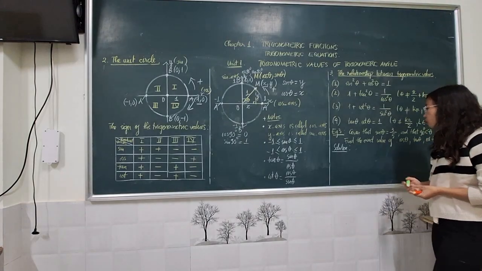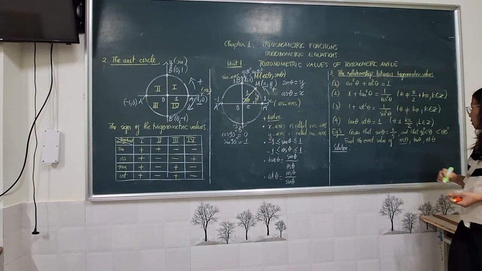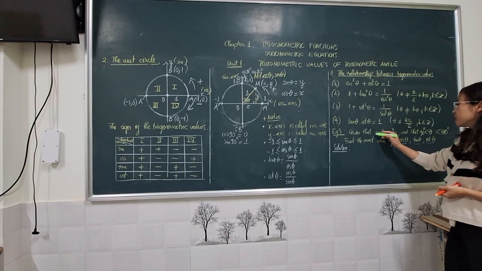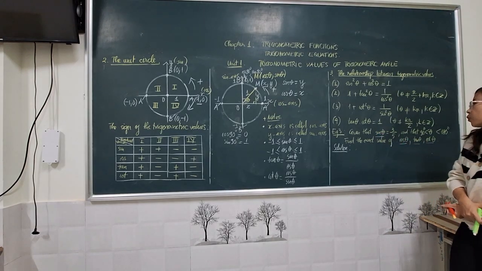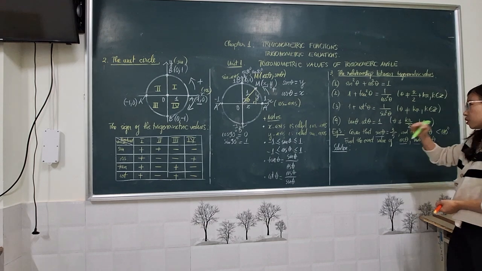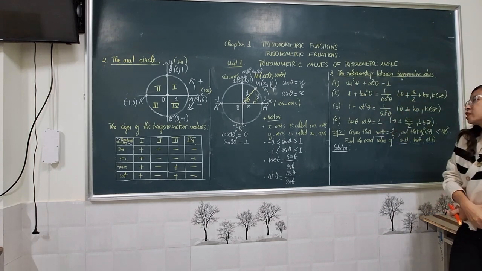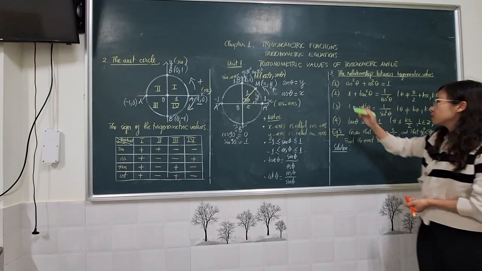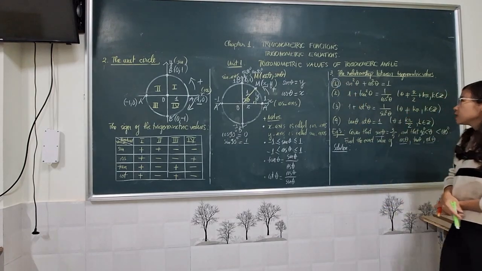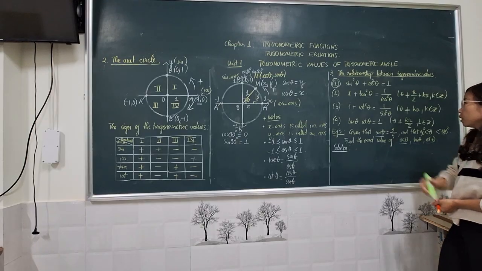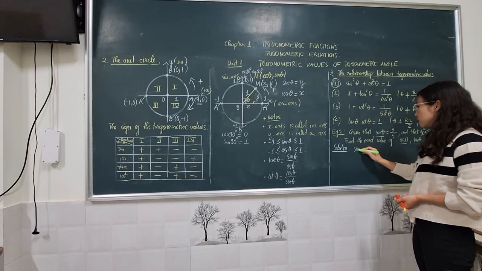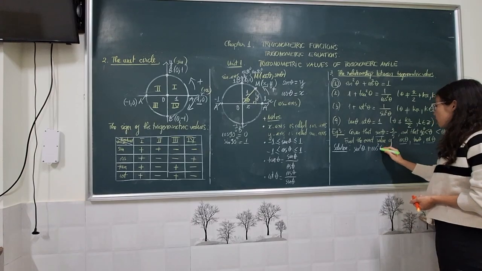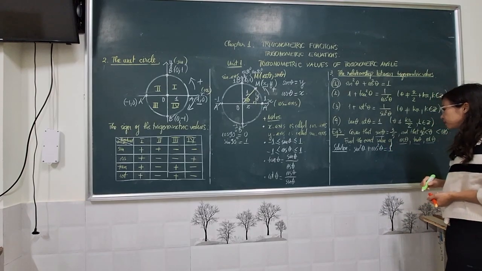Now, to find cosine theta, tangent theta and cotangent theta, given that sine theta is equal to 3 over 5, we can look at all of the identities here, and the first identity is the relationship between sine and cosine. Use the formula sine theta squared plus cosine theta squared equals 1.